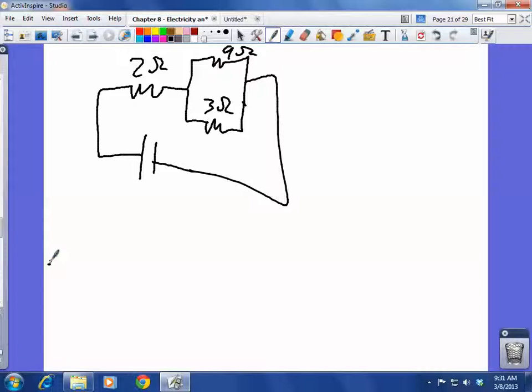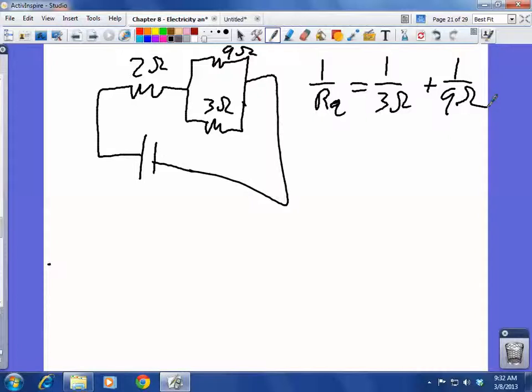That means before we do this series part, we need to figure out what is the equivalent resistance of this piece right here. So if we have a 3 ohm and a 9 ohm in parallel, we just do basically what we've been doing.